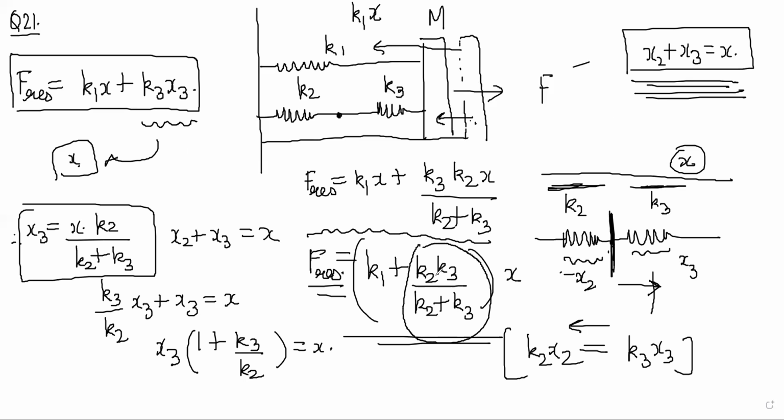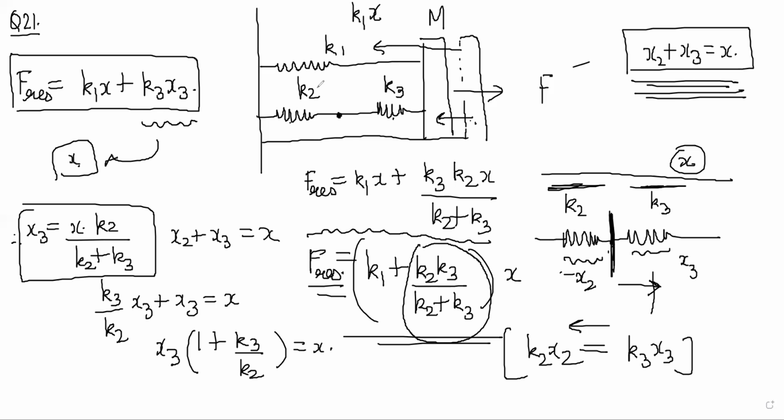Now you can see, once you have derived it once, that if it was in series, you are getting a parallel resistor situation. Just like parallel resistors, you take 1 by R1 plus 1 by R2 is equal to 1 by R equivalent. You are doing that only here.